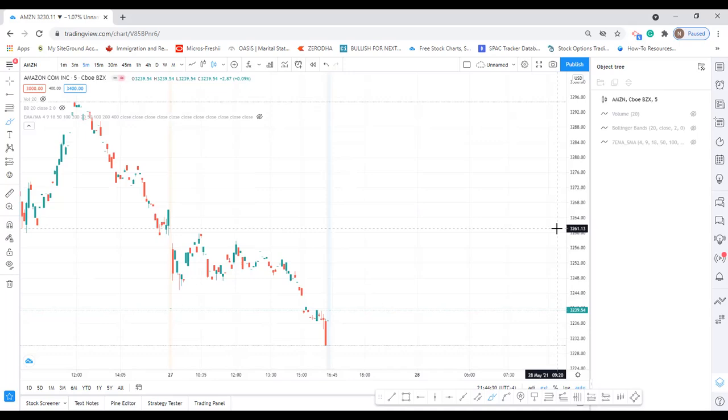RSI will be the worst thing to learn if you don't understand support and resistance, because support and resistance are the prime for any market. If you take trades because of RSI, which is always lagging, you will get false results.